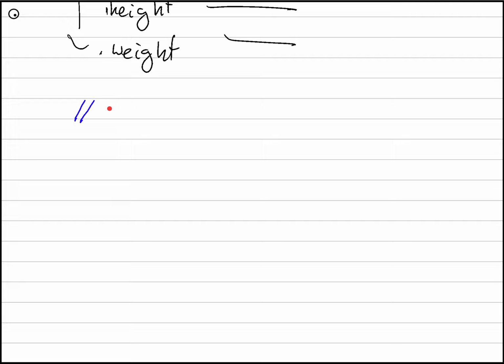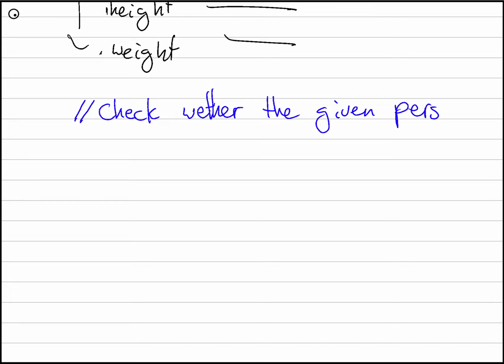I have no idea, to be honest. Our purpose statement is essentially: check whether a given person is the same as this person.